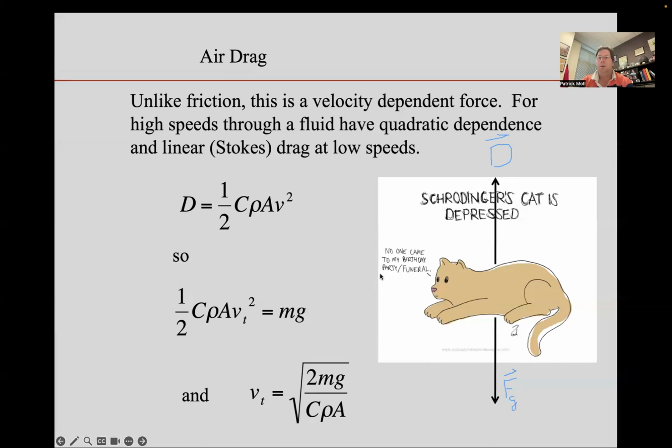All right. We will do more with fluids later in the class, but wanted to introduce at least the idea of air drag to the point of a terminal speed at this point. And we'll learn a bit more about fluids later on.